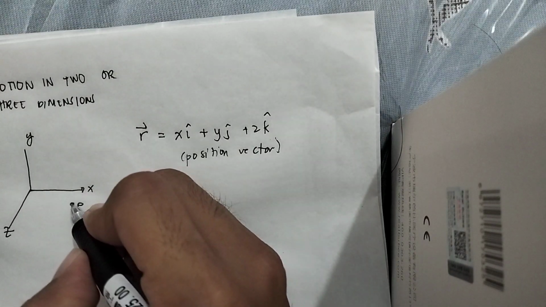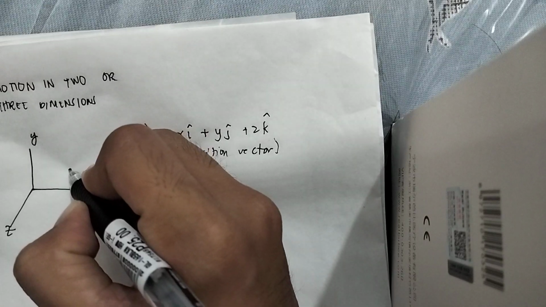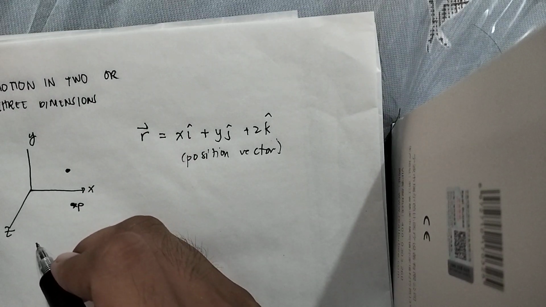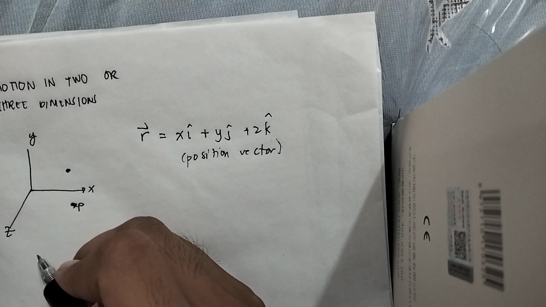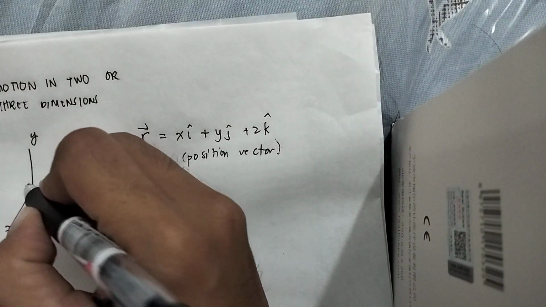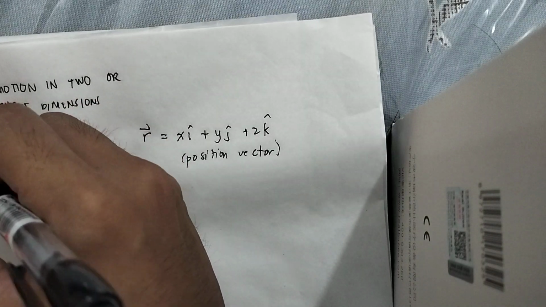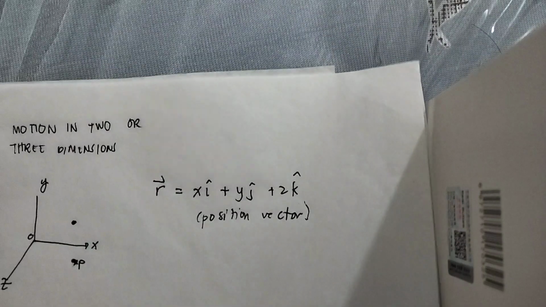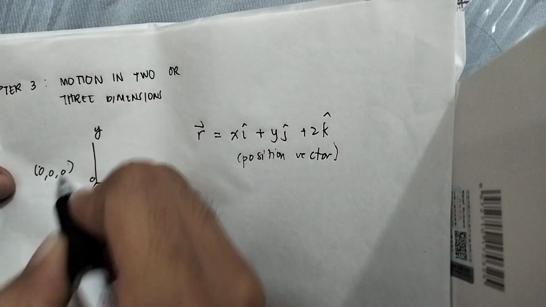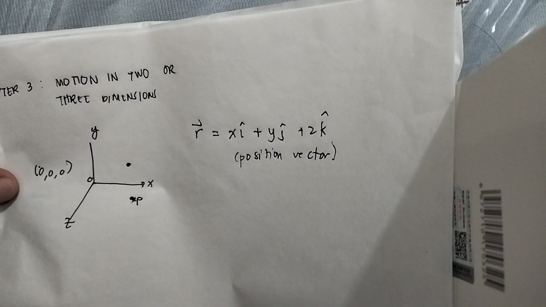Let's say this is point P. The origin in 3D, in 3 dimensions, is 0, 0, 0.